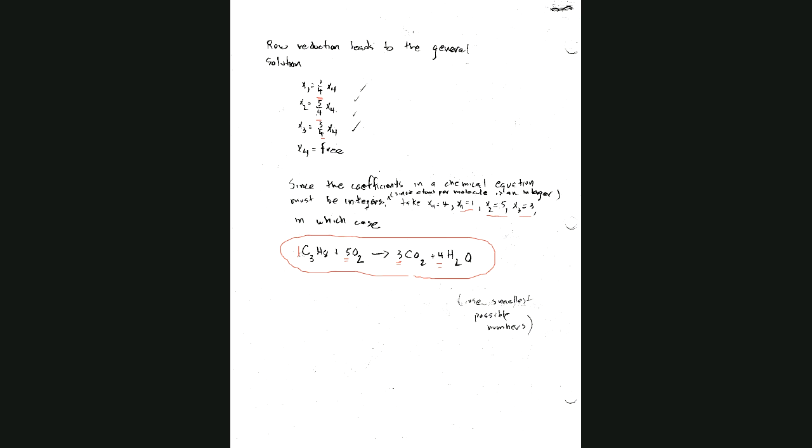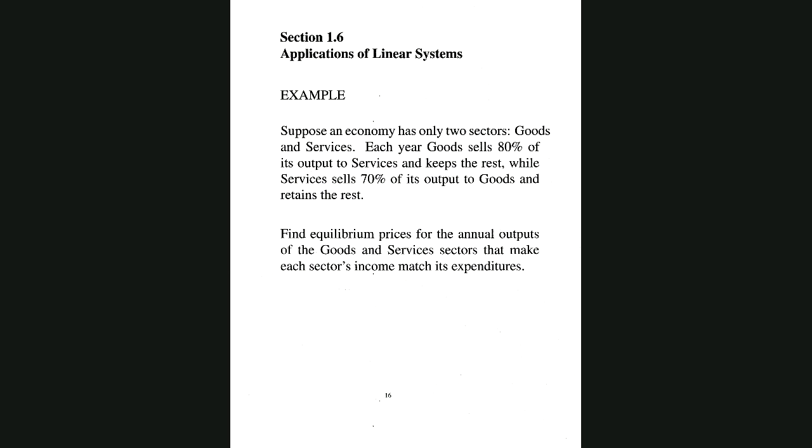Yuan is good. Okay, let's do a little economics. All right, Francesca's good. Let's do a little economics. So I'm going to give you a moment to copy this problem down. The book does an economics problem dealing with coal, electric, and steel. It's a good problem, but I want to just work with this problem here.